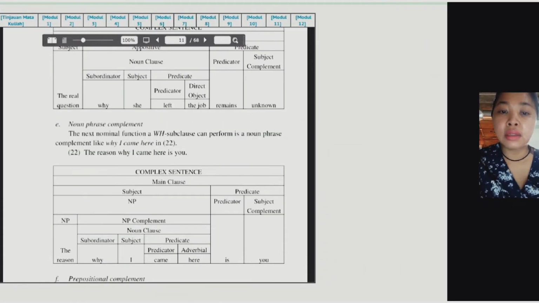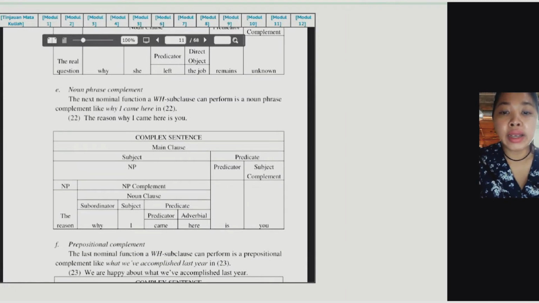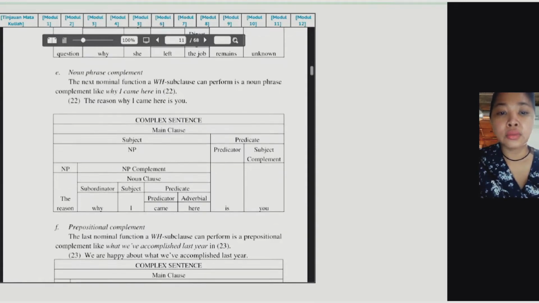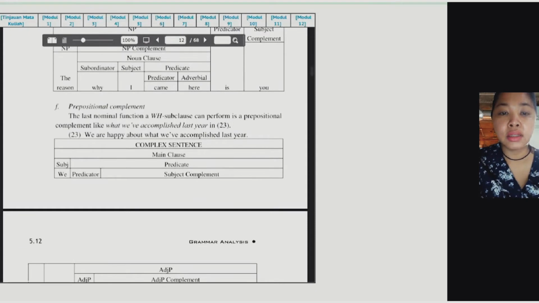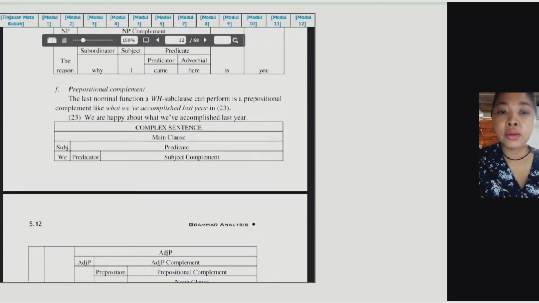Phrase complement. The reason why I came here is you. So the reason is the noun phrase and the noun phrase complement after it is why I came here is you. And for the prepositional complement, it is subject and predicate.